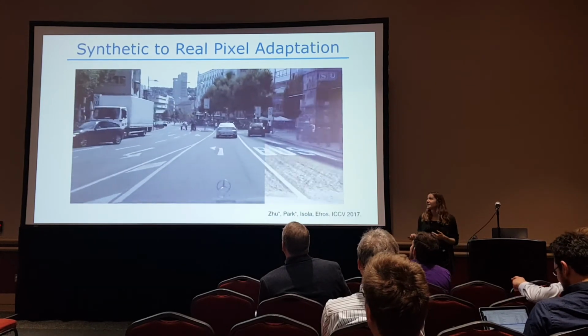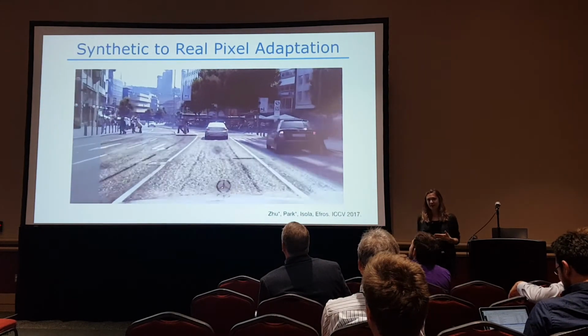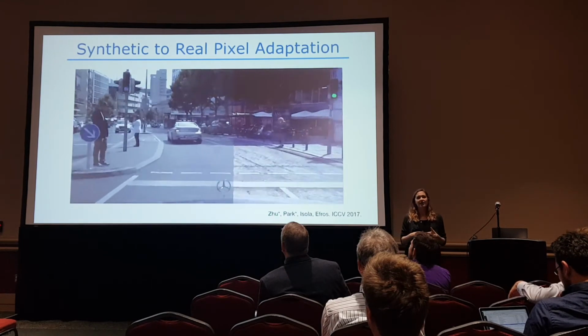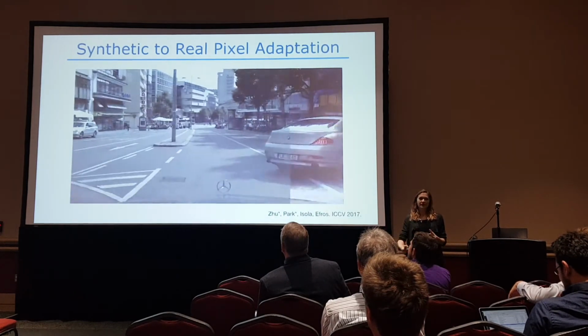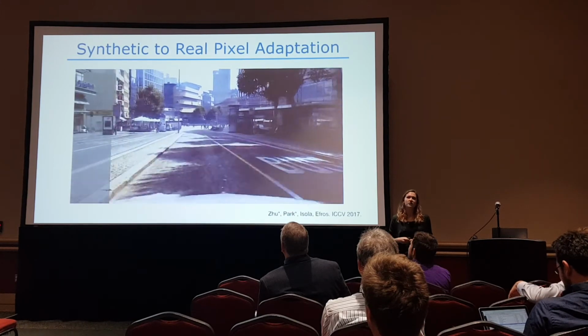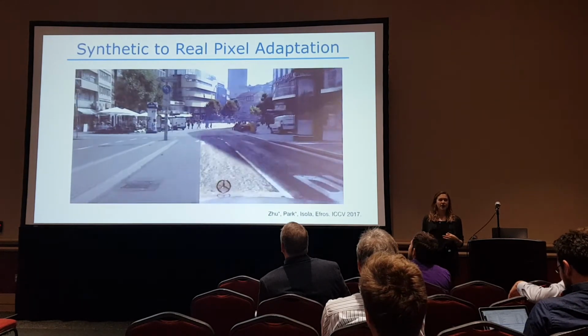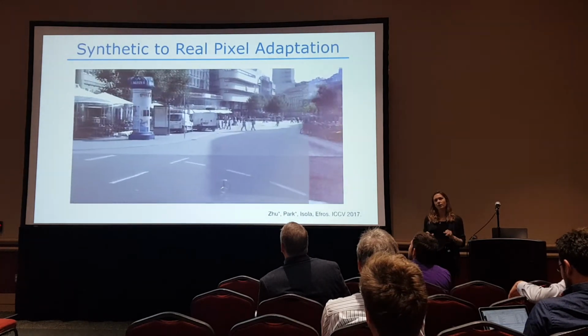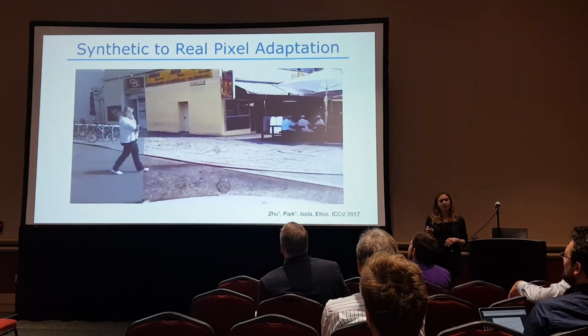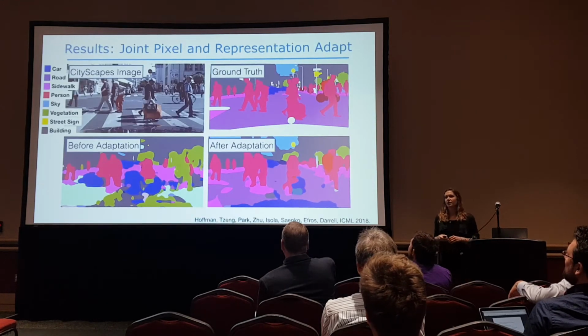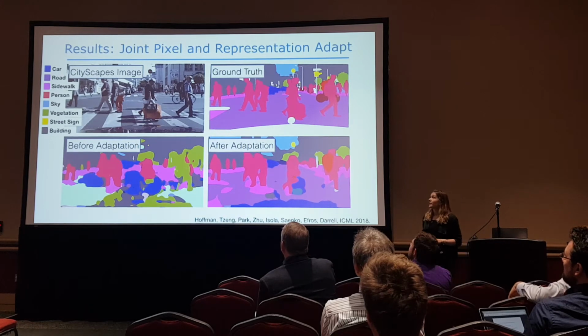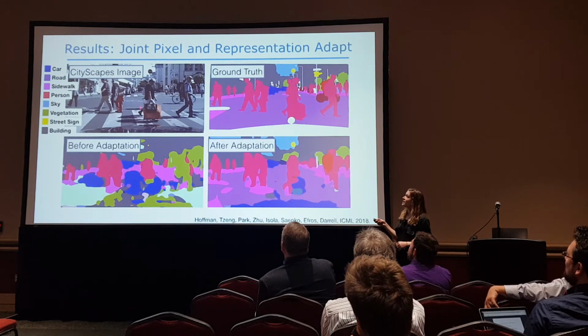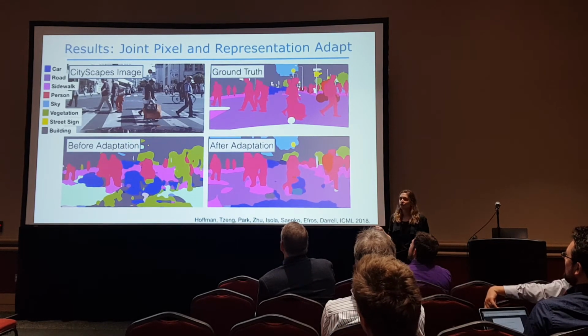Okay, so you can take this sort of image space alignment technique and then further do feature space alignment on these transferred images in order to produce our final test time real-world adapted model. And when you do that, you can look at a few example images. Here we have the test time Cityscapes image and the corresponding ground truth.